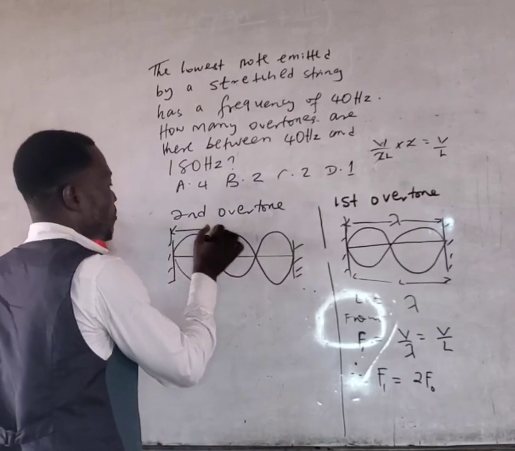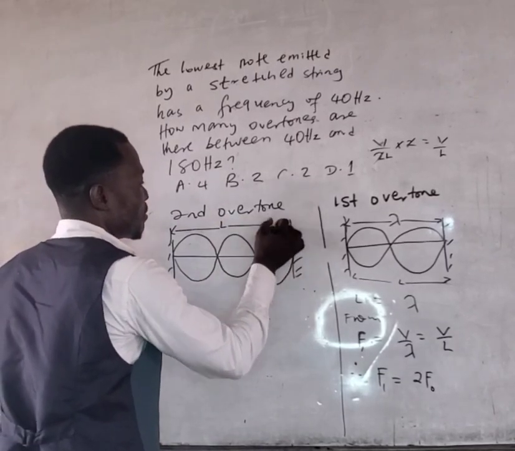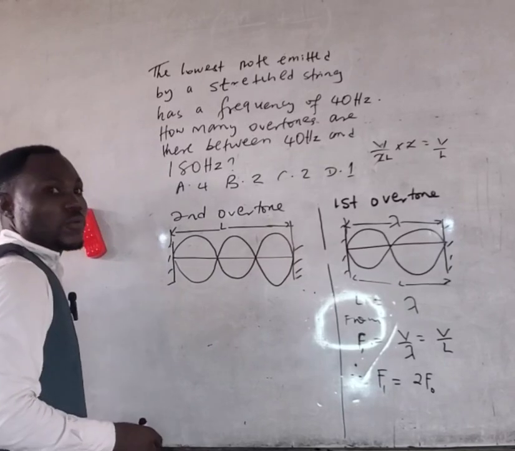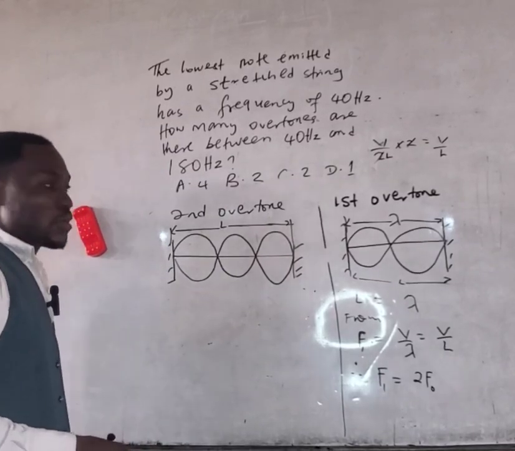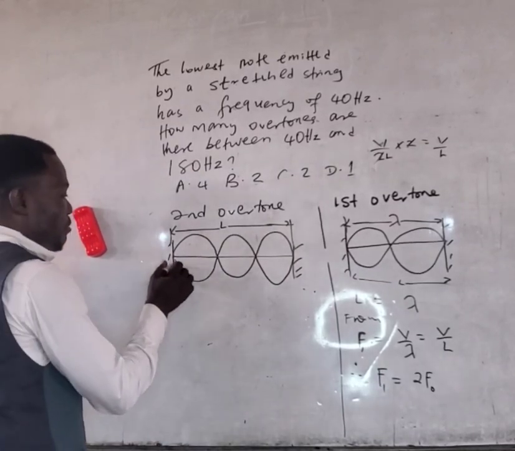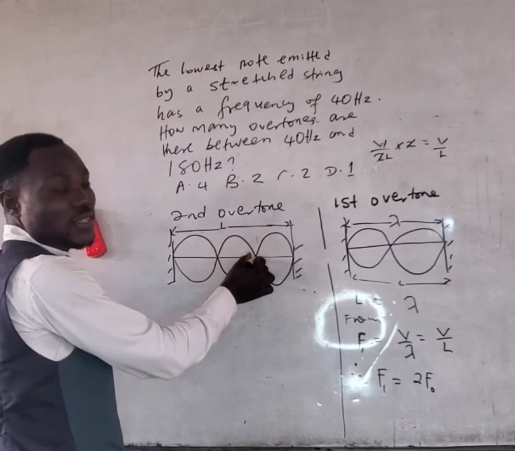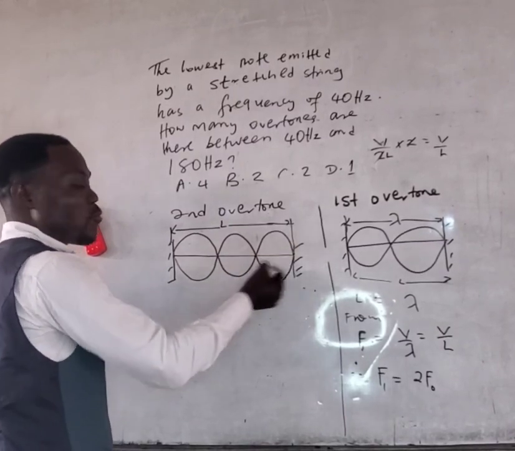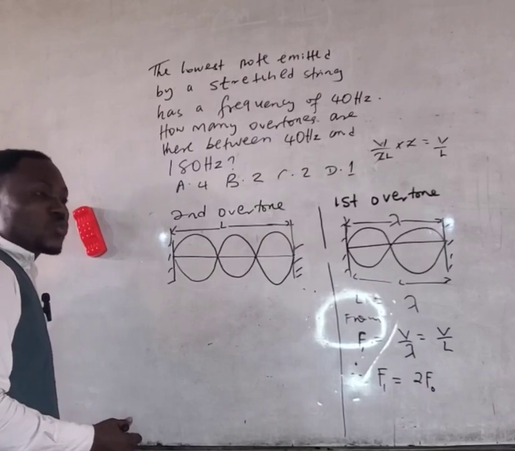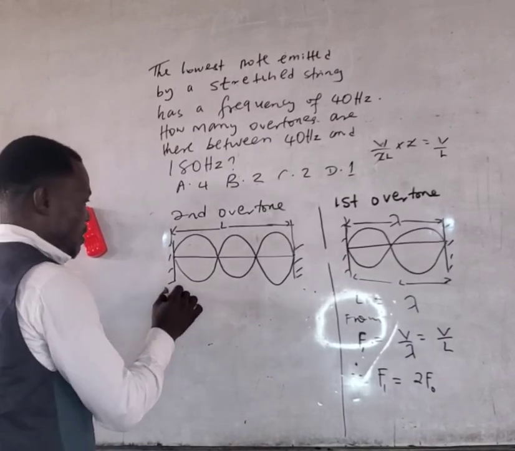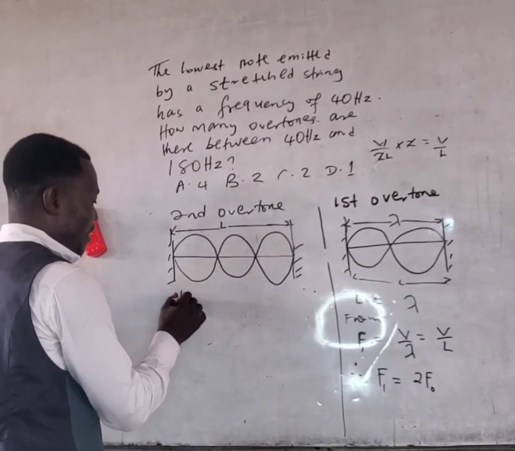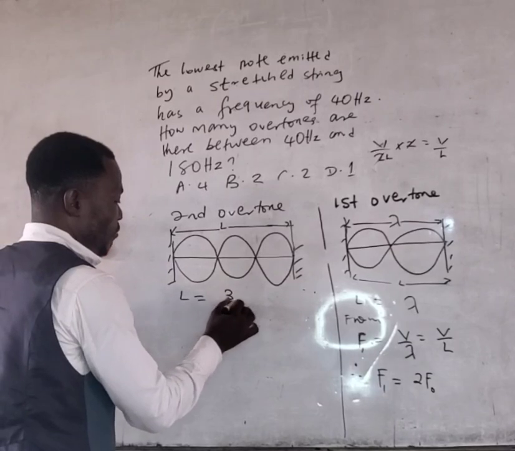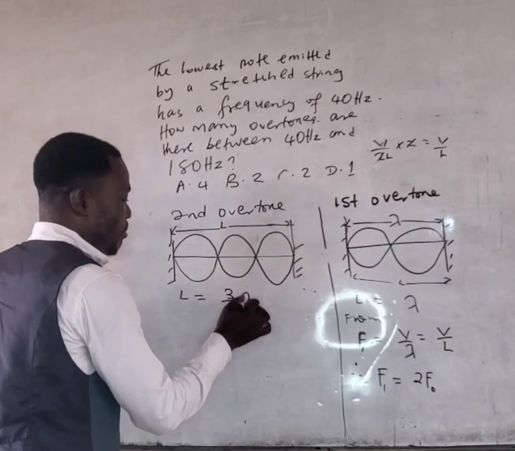From here to here represents the length of the rope, and from here to here is 1 wavelength, and from here to here is half. So this is 1.5 wavelength, which is 3 over 2 lambda. So L is equal to 3 over 2 lambda.